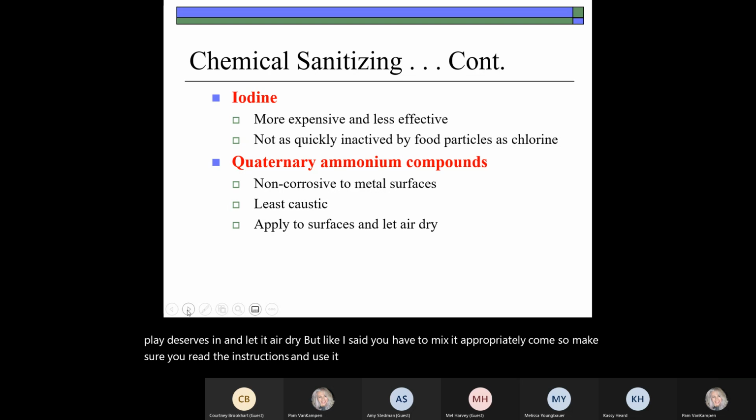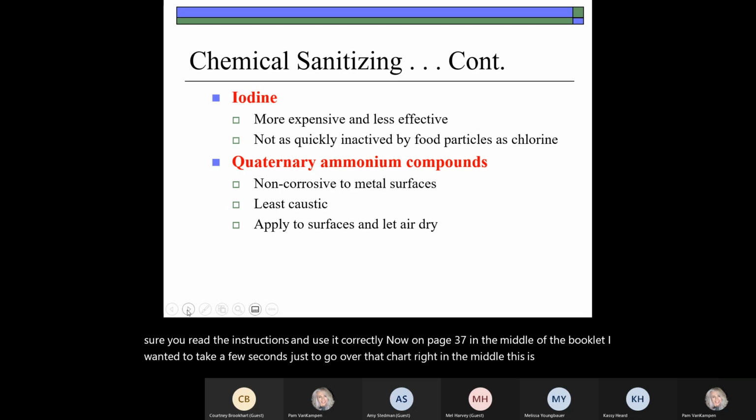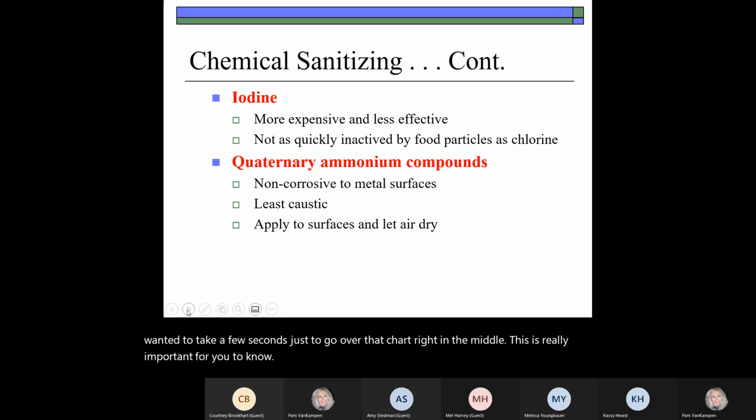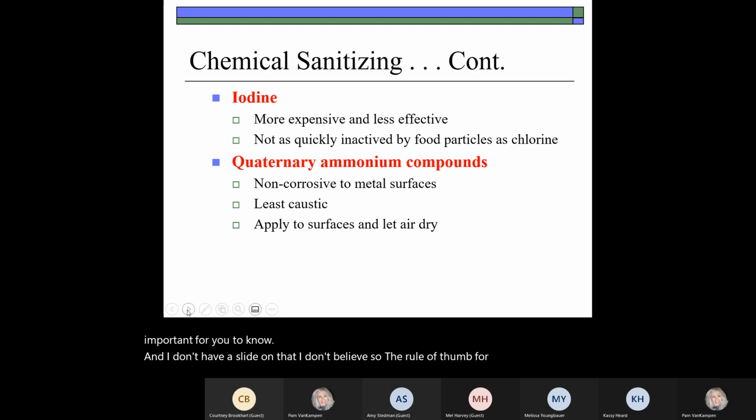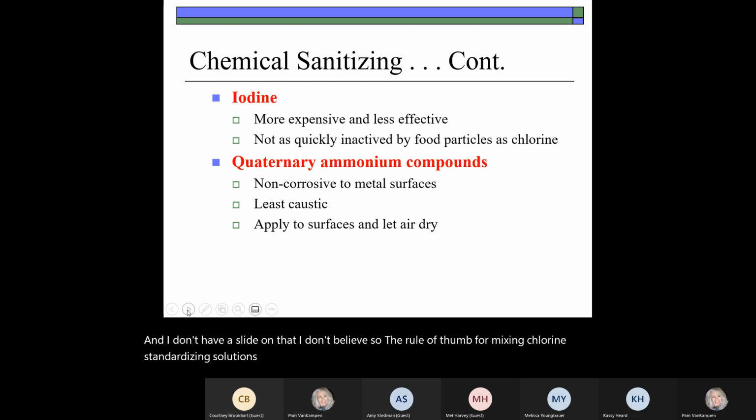Now on page 37, in the middle of the booklet, I want to take a few seconds just to go over that chart right in the middle. This is really important for you to know. And I don't have a slide on it, I don't believe. So the rule of thumb for mixing chlorine sanitizing solutions, this is in this big box here: 50 parts per million is the solution for immersion.